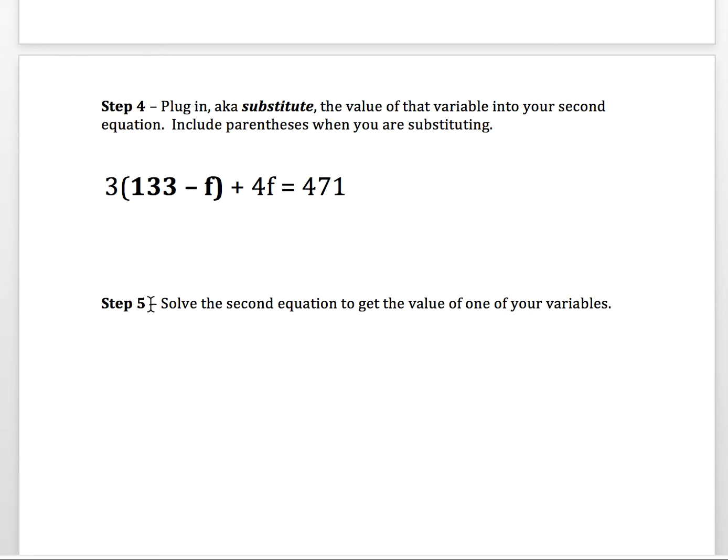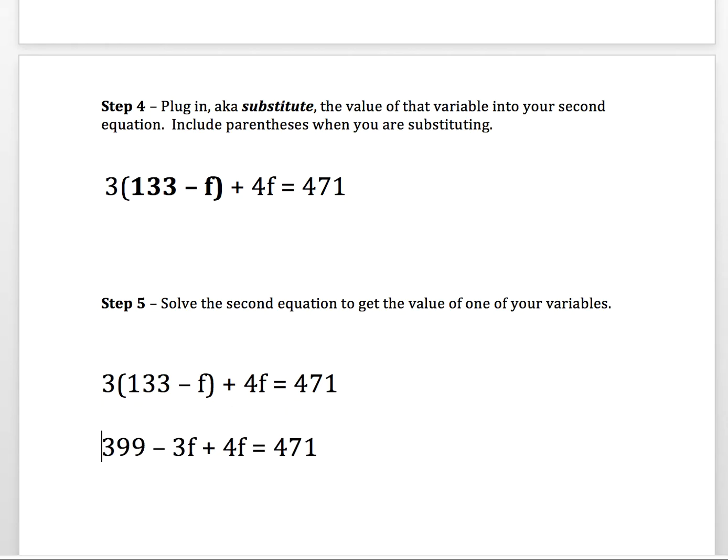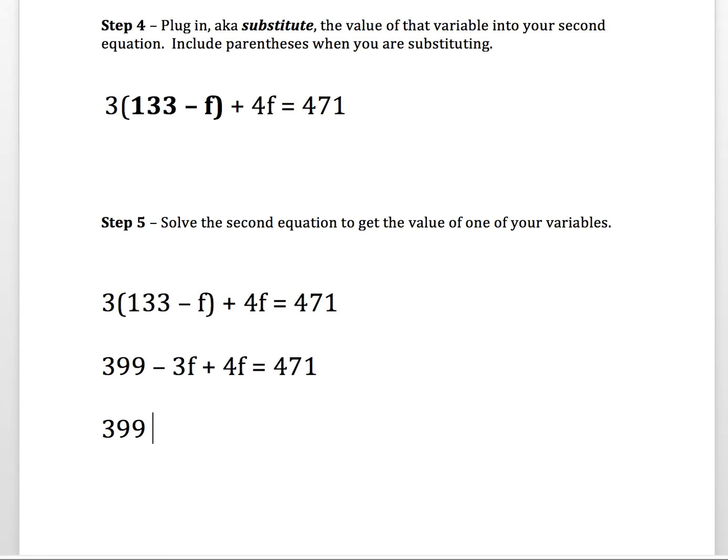So step 5 is to solve this second equation to get the value of the variable. And we're going to solve it by first distributing. So 3 times 133 is 399. 3 times F is 3F, so we have 399 minus 3F plus 4F is 471. Now we're going to combine like terms.